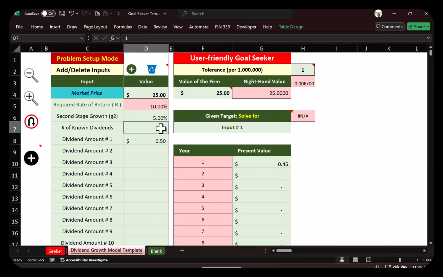For example, if I knew 3 dividends, as you can see, it ignored the 4th dividend. Even if it was there, it doesn't matter. For you to get that, this has to be 4.